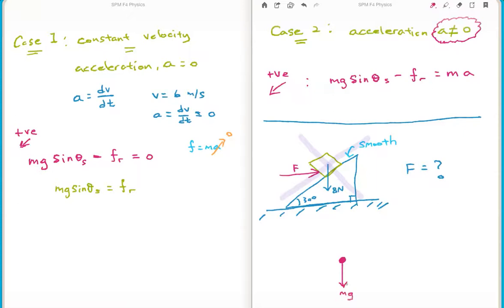Okay, then up and down should be the same. Here, drop a perpendicular line. Okay, this is the x and y axis, 90 degrees. So the angle here would be 30 degrees. So therefore, one here is mg cos theta, cos 30, easier for you.